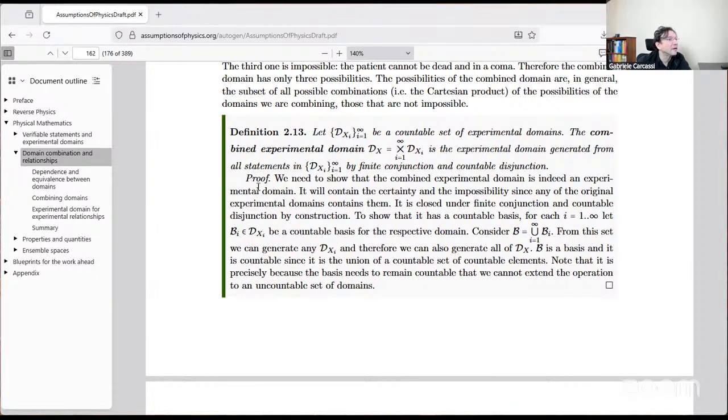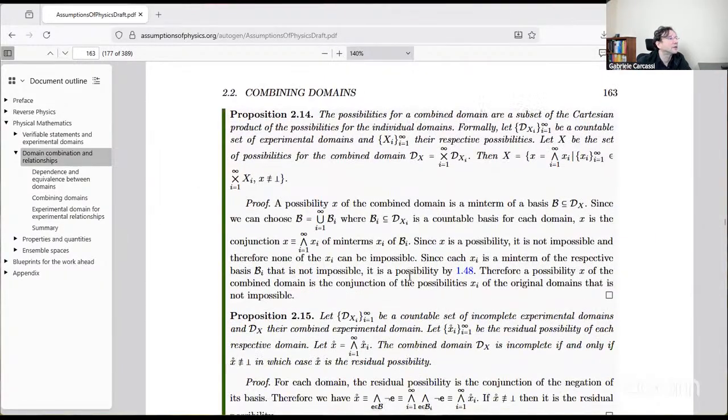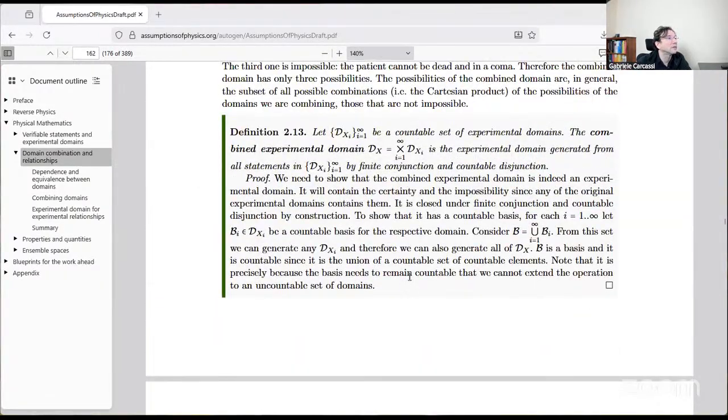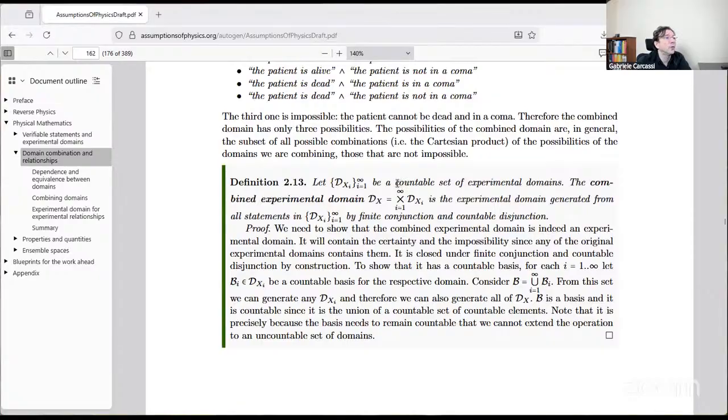So the important thing here, I don't know if I say that later, probably not, is we can only do it with a countable set. Because only with a countable set we are guaranteed that the union of the bases will still be countable.